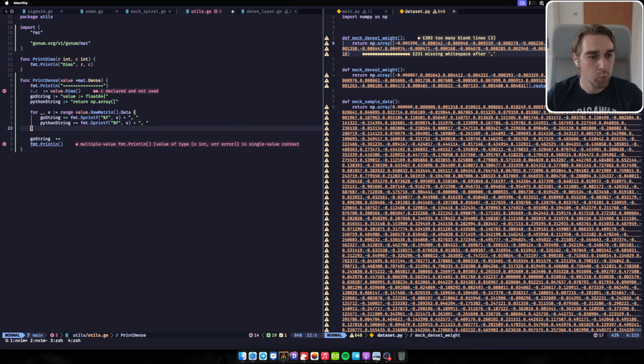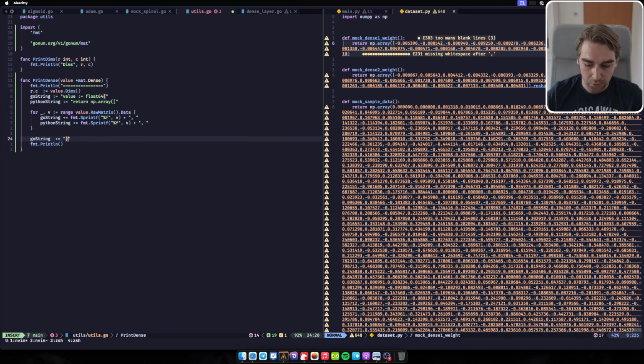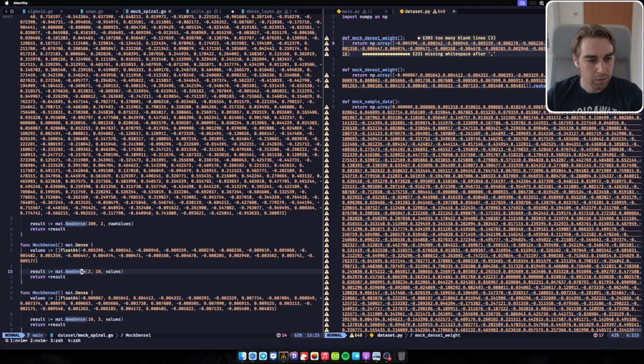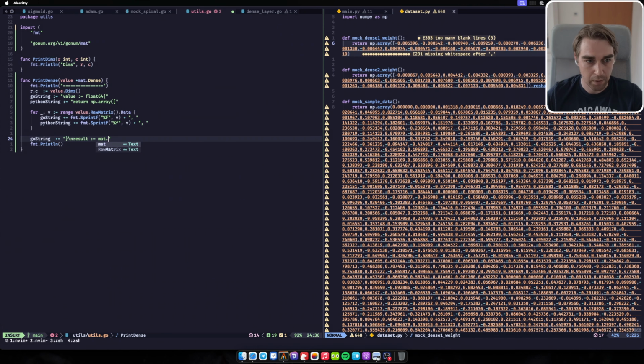Why? You will see. So for the Go string, we add the closing one, then we go on to the next line. And then we do result equals mat.NewDense, opened.